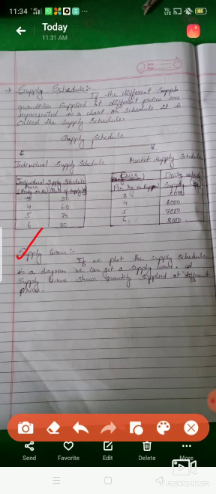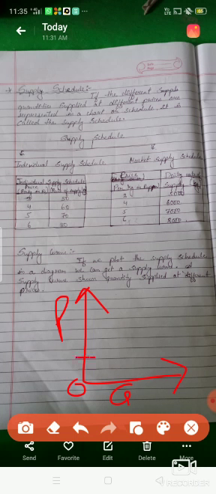Supply curve. The same thing, if we plot the supply schedule in a diagram or a graph, we get the supply curve. So here also the supply curve shows different quantities supplied at different prices. Suppose I am drawing the curve. On the horizontal axis, let it be quantity supplied, and on the vertical axis, the price.